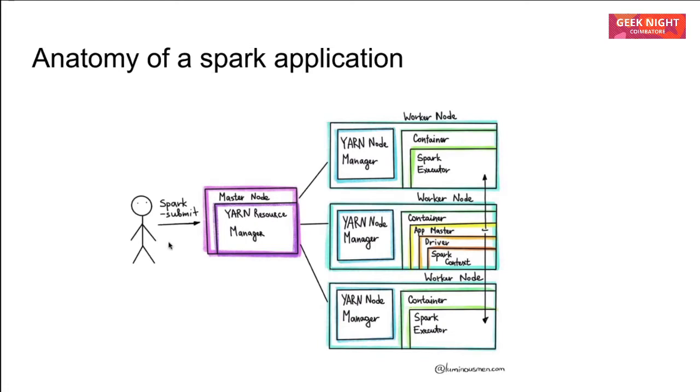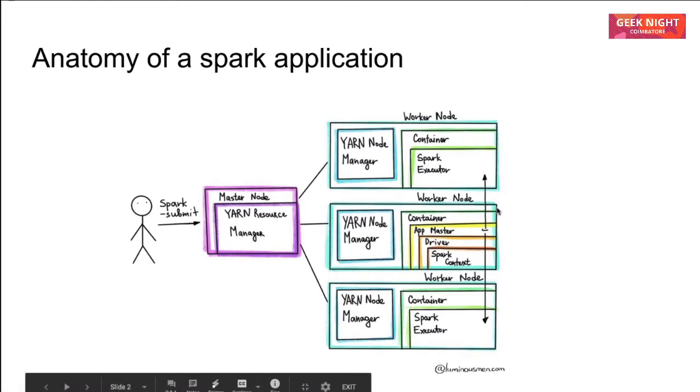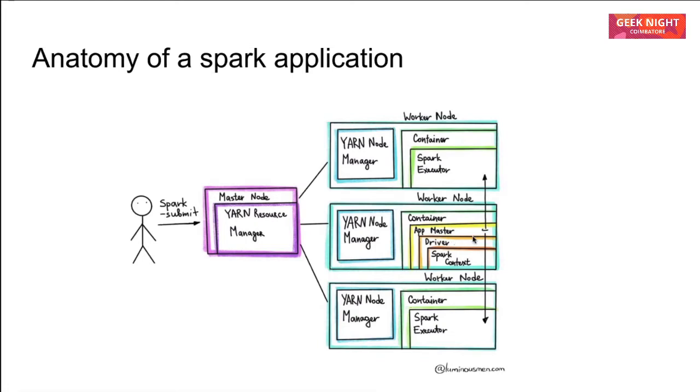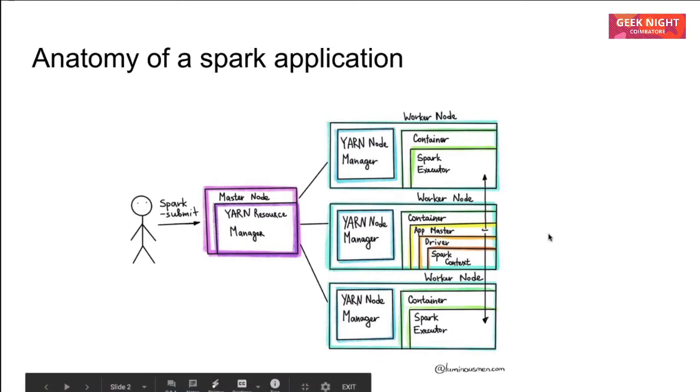So to summarize, we do a Spark submit to the master node. The master node creates an application master in one of the worker nodes, and the worker node has a driver program which negotiates resources. The resources in this case are executors, and it assigns tasks to the executor programs.